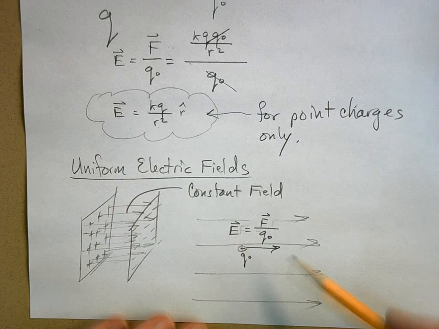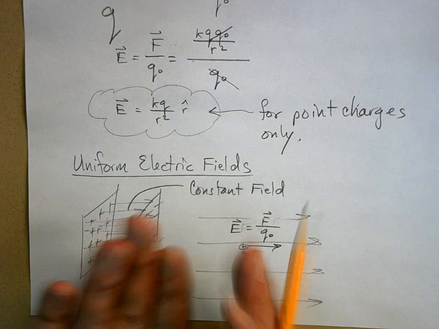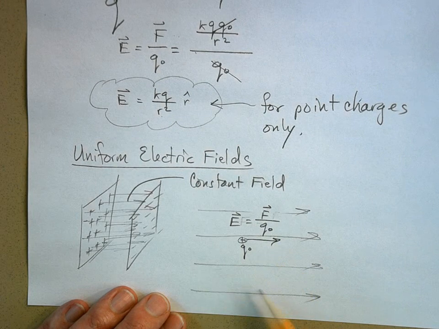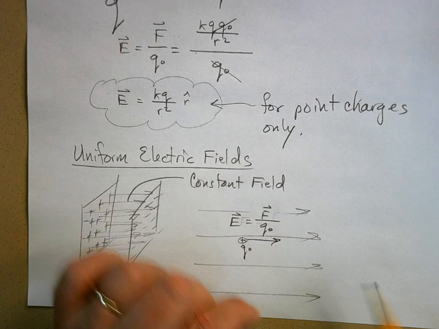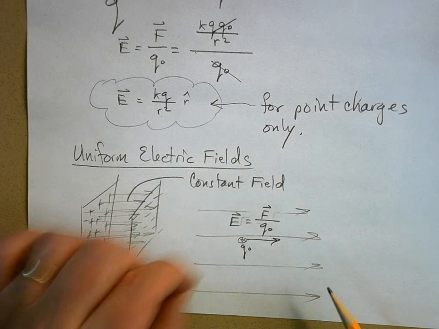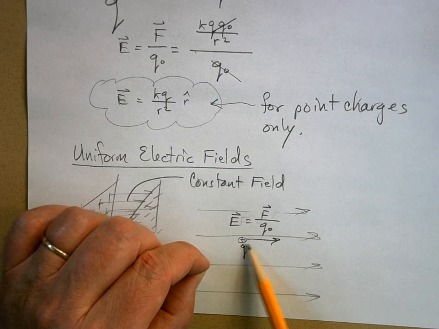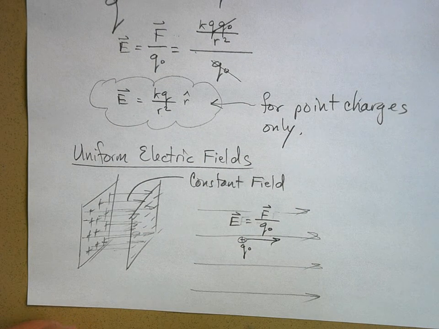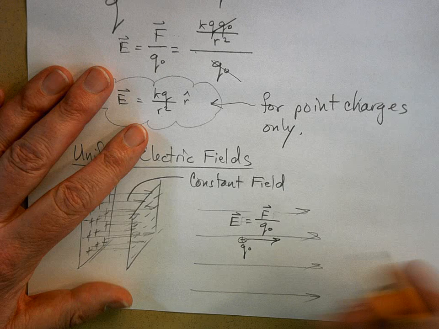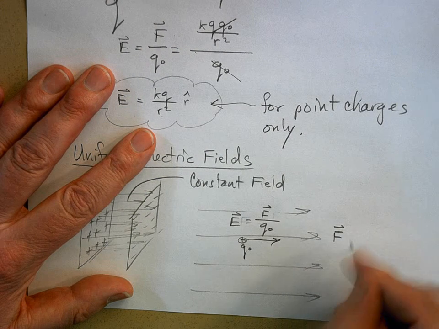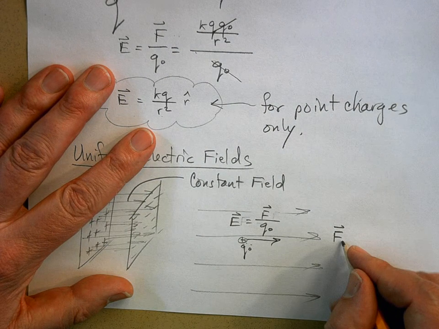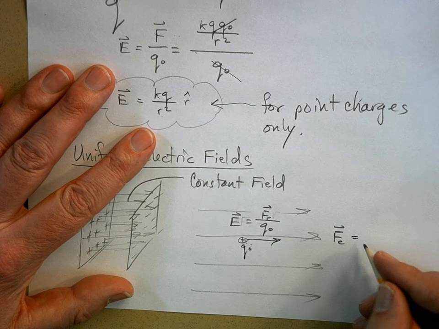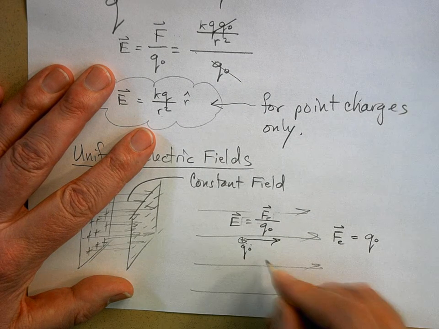And if the electric field is uniform, that is, no matter where I am it's in the same direction and has the same value, then this little test charge is always going to feel a force to the right. So if I want the electric force on my test charge, I just take the charge and multiply it by the field.